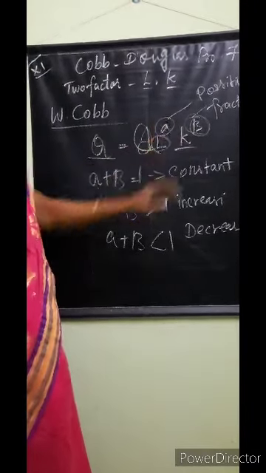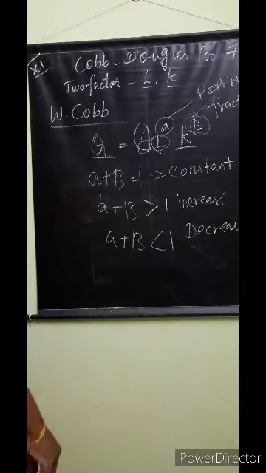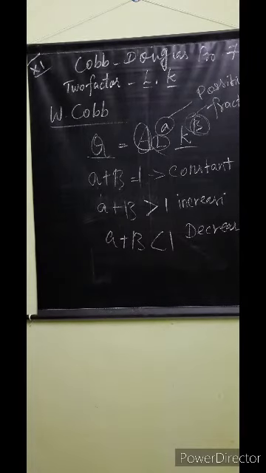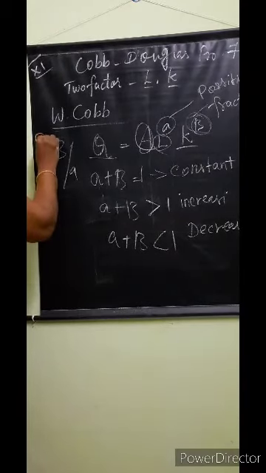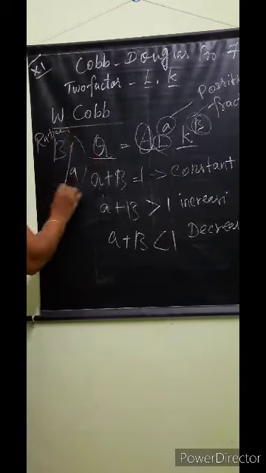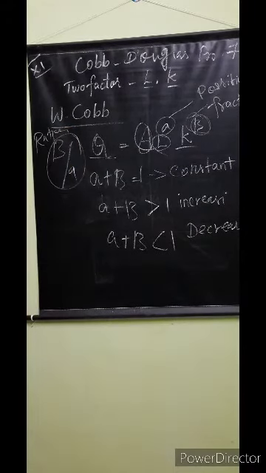That is using the combination. How they are using the two factors, combinations. So factor intensity can be measured by the ratio of beta by alpha. If you want to calculate the ratio, then you can calculate beta by alpha. And it considers only the two factors, isn't it?